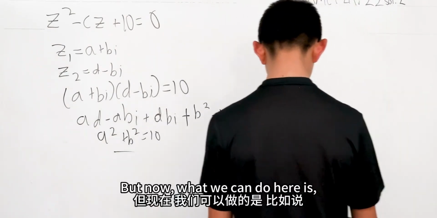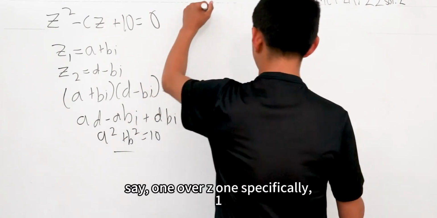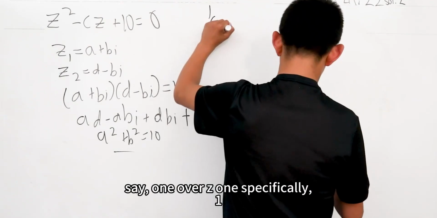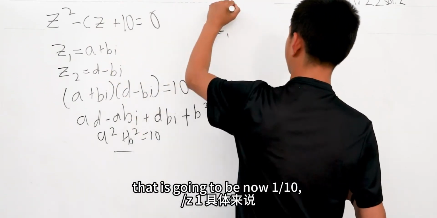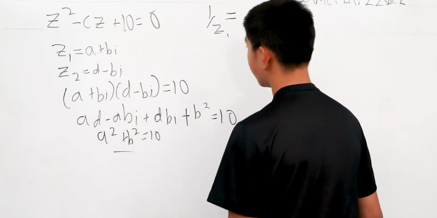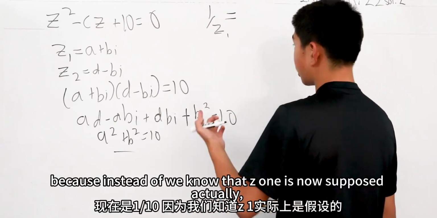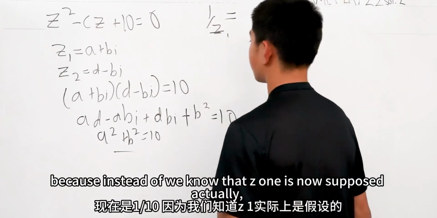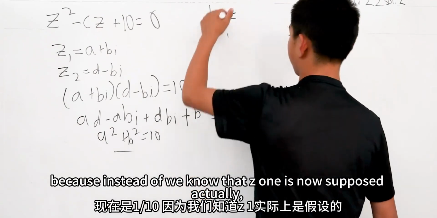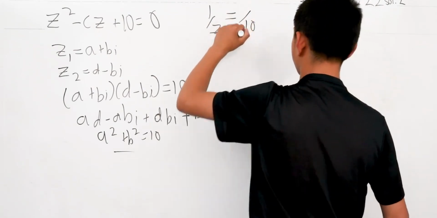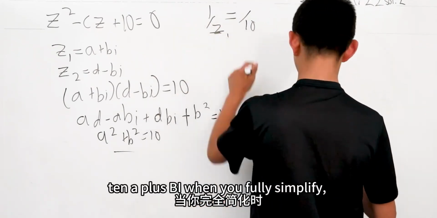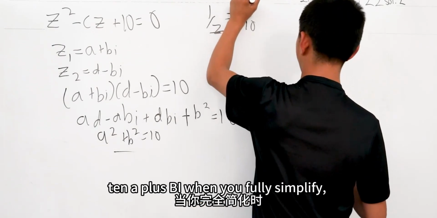But now, what we can do here is say 1 over z1 specifically. That is going to be 1 over a plus bi.